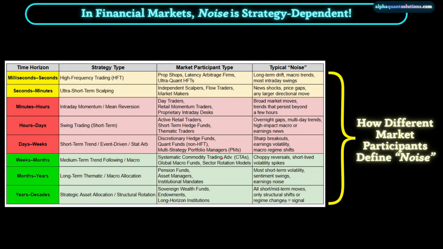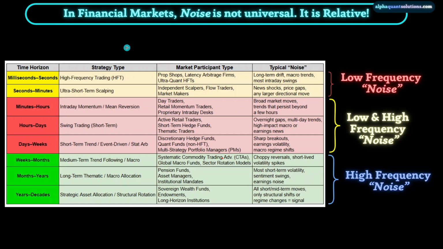into the background. So, what does this mean for noise in financial markets? Well, noise is not universal, it is relative. So, what we want to make the case for here is that for strategies that have a time horizon between milliseconds and minutes, one could argue that the noise is primarily low frequency signal.